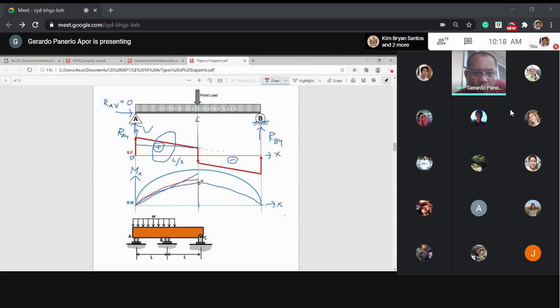That's why it's called the maximum moment. Max. Okay, max. Why is it maximum when there is another area that adds to it? It does not add, it is minus.